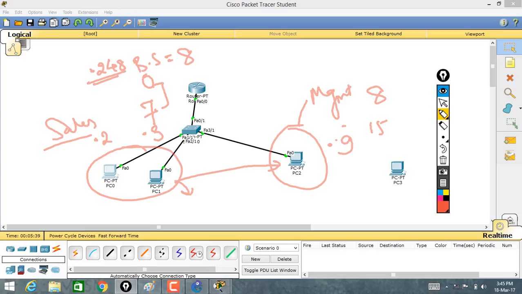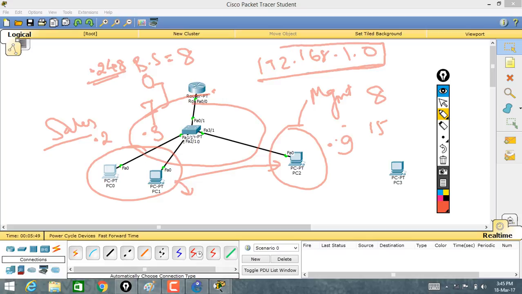So here the whole network is the same, 192.168.1.0, but we have divided this bigger network into smaller ones by using a different subnet mask. We have carried over some bits from the host. For example, the default subnet mask of class C is /24. This means altogether 24 bits are on, 8, 8, 8, but the rest are host bits, 8 host bits.